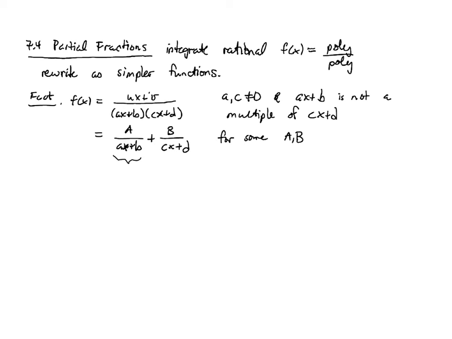And the point of the fact is that we can apply that in order to compute the integral of an arbitrary function that looks like this. So on the next page we'll see that in action.